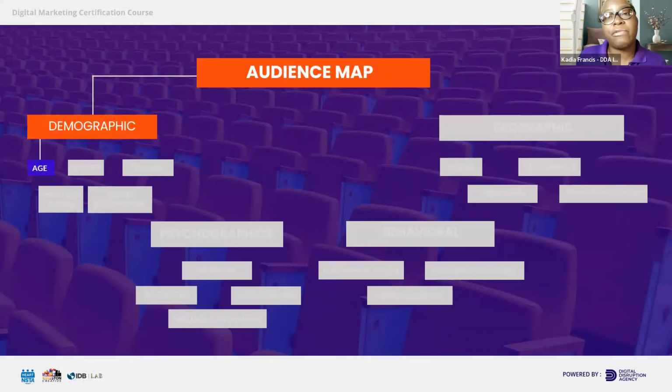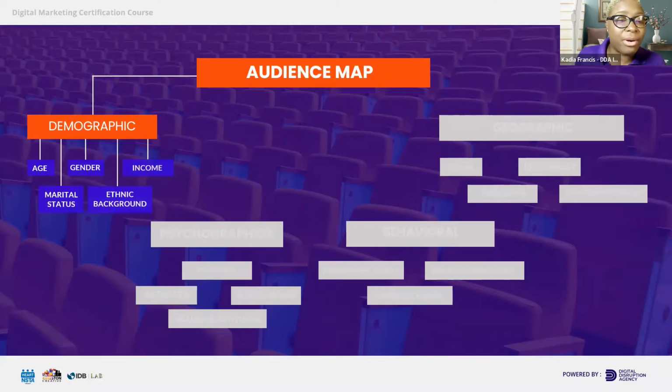When we talk about demography, we're looking at things like age, marital status, gender, ethnic background, and income. All of these things can help us identify our audience because, one, we know that at a particular age you're not a consumer. You're not earning, so you're relying on a parent to buy certain products and services, which is why some businesses target young people.